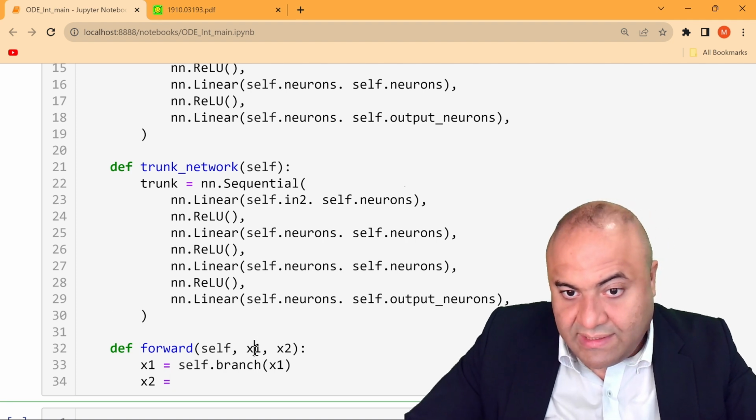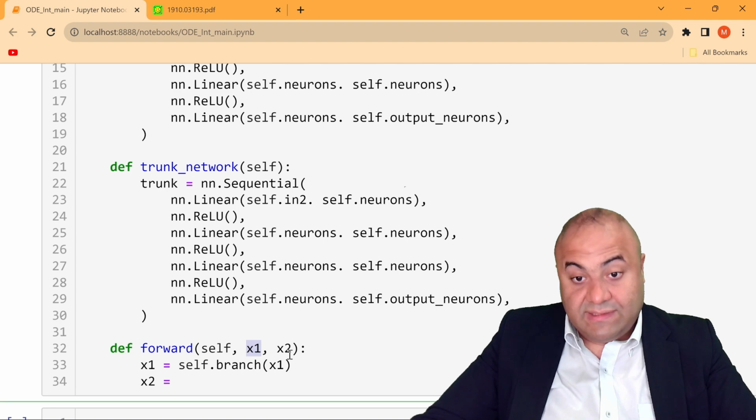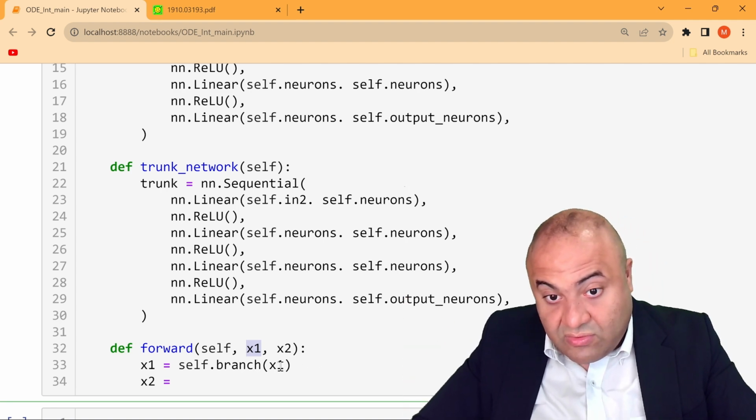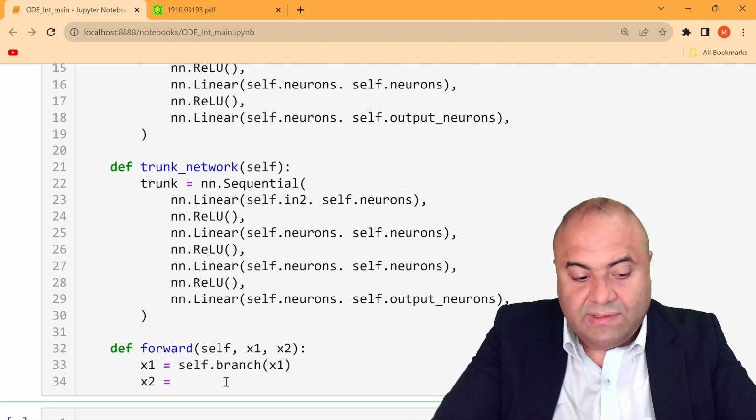Of course, x1 is going to be the input sequence, or the whole sequence, and x2 is going to be the other input.